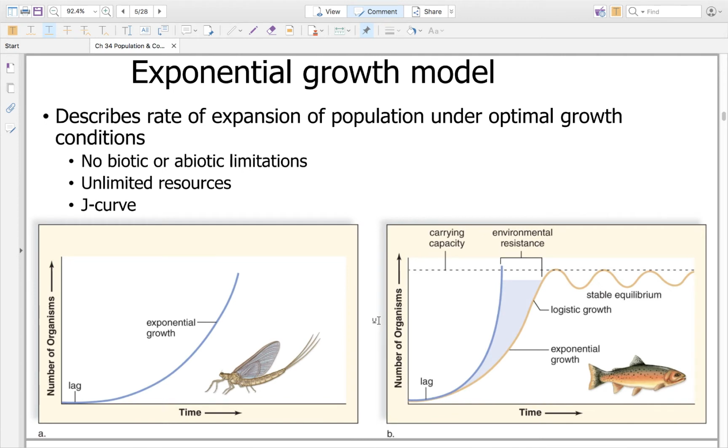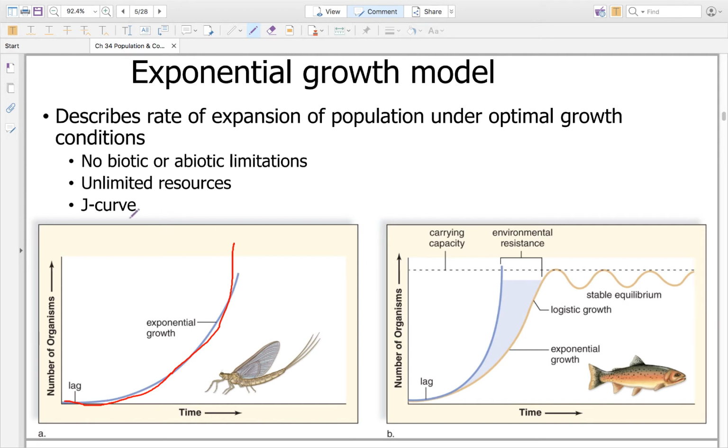What type of growth can a population have? There's a couple of growth models we're going to look at. The first is called exponential growth. Exponential growth is when there are no biotic or abiotic limitations, unlimited resources. So in other words, the population is just growing continually, and it'll keep growing.